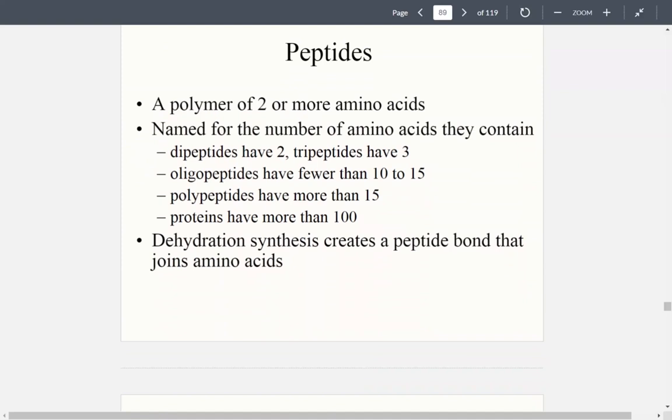Oligo is less than 15. Polypeptide is the name we give a chain that has more than 15 but less than 100. And a protein is anything with more than 100 amino acids. And how are these amino acids put together? If you guessed dehydration synthesis, so the removal of water, you would be correct.